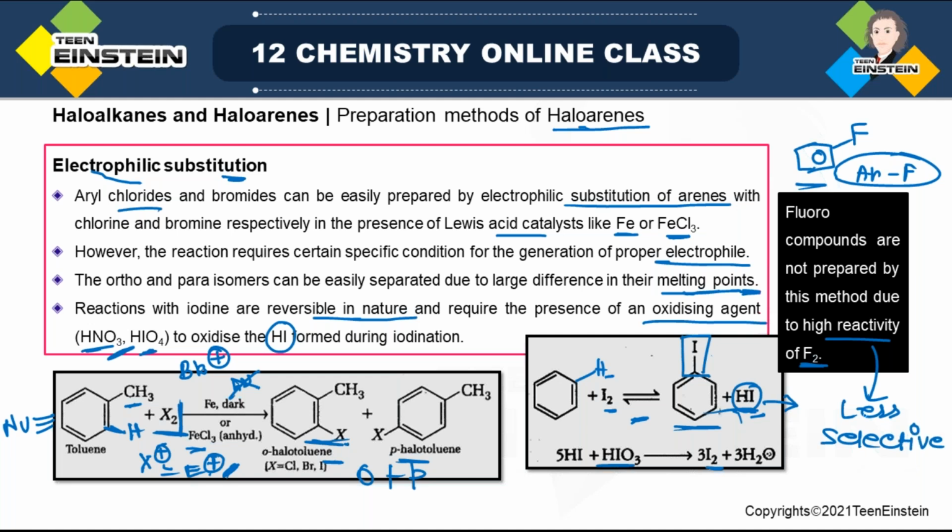And less selective means even if you are getting the desired product, the yield will be very low, so the reaction will not be fruitful after all. So that is why fluorocompounds are not prepared by this method, but you can make aryl iodide, chloride or bromide. Okay, any doubt?